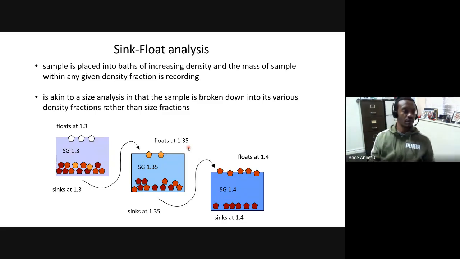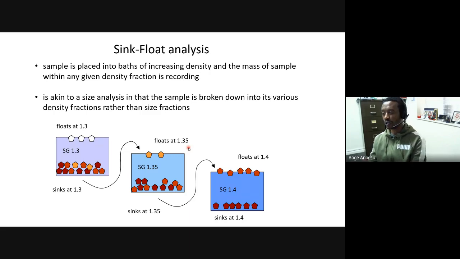So at the end of the day, after conducting, say, sink and float for 5 media with 5 different specific gravities, you could have 7 products or 6 products that you can consider as sink and float, and you can assess what you have in each. Then you can make some decisions in terms of what is the ideal specific gravity of a media to be used to obtain this much recovery or this much grade.